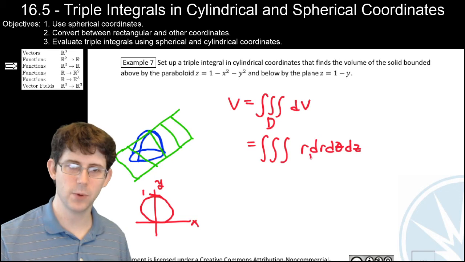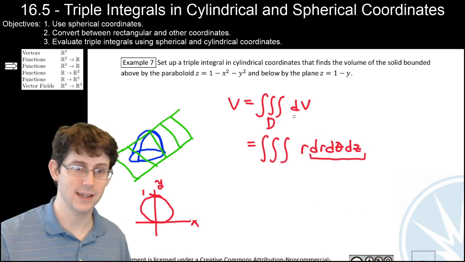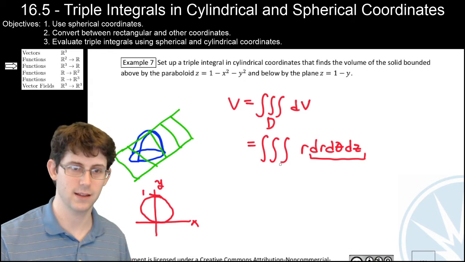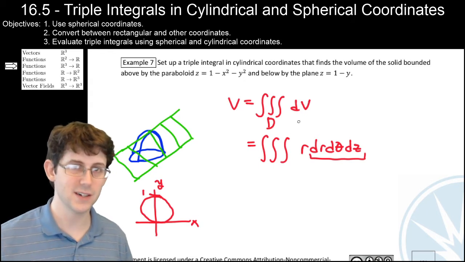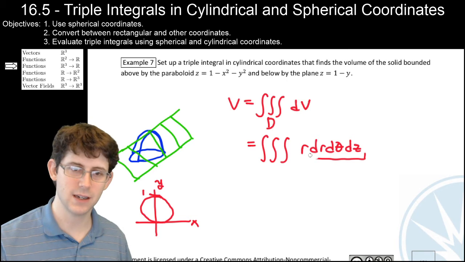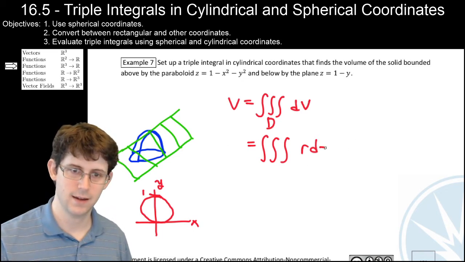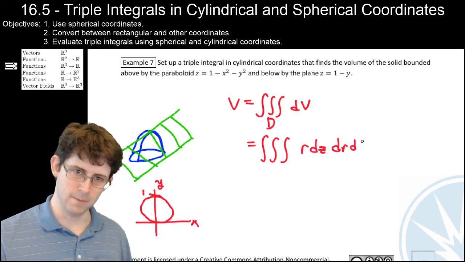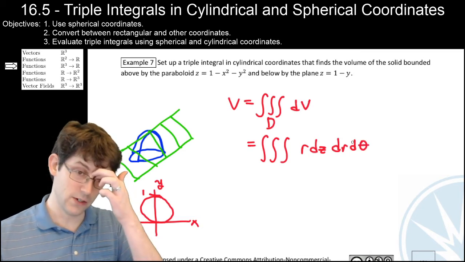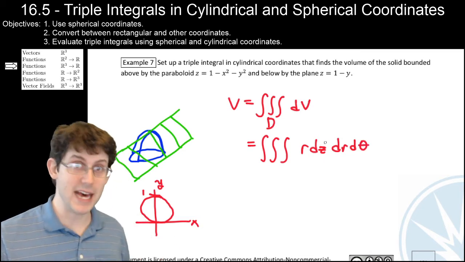Now, we can put this in any order we want, as long as we're careful about the order that we end up with inside our integral. It will turn out that it's most often best to get the z first, to get the z on the inside. This choice of order matters a lot.